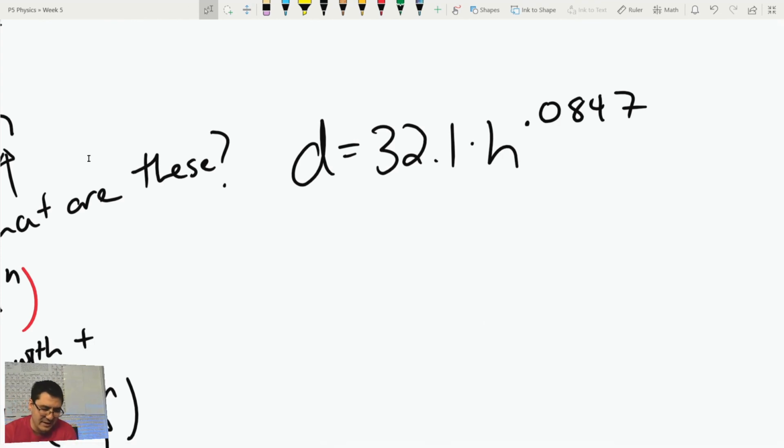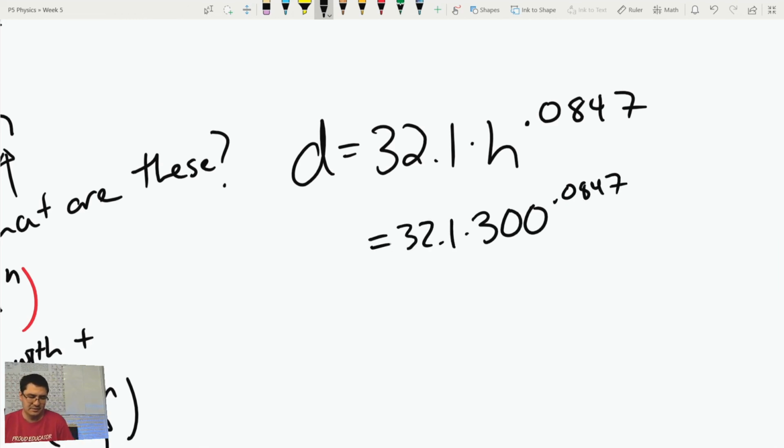I never dropped an egg from 300 centimeters, but if I had, I could plug in 300 to the 0.0847 times 32.1, and it comes out to a diameter of 52. That's 52 millimeters. So if I drop my egg from 300 centimeters in my test, then I would expect to see a diameter of 52 millimeters.